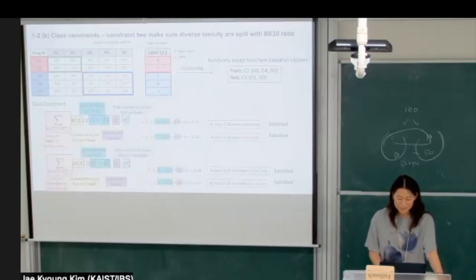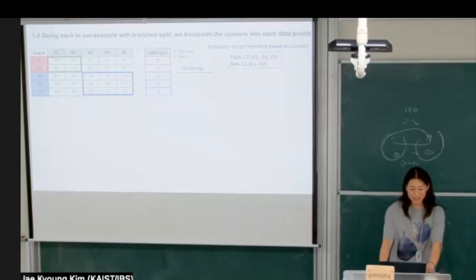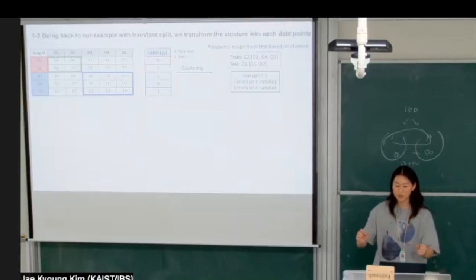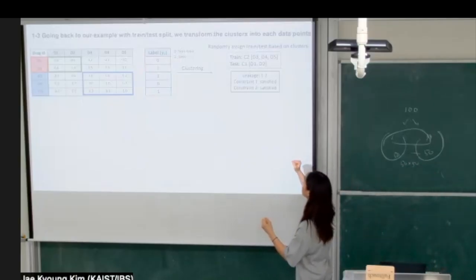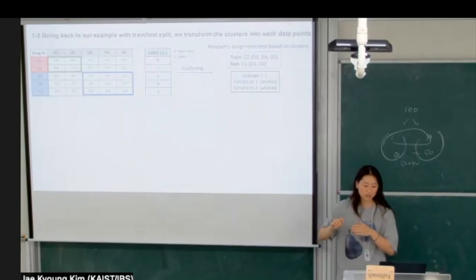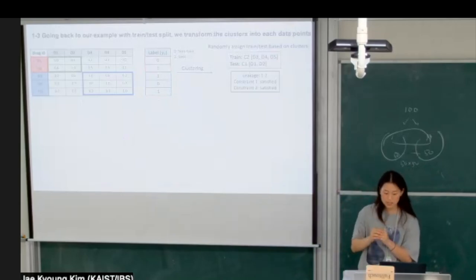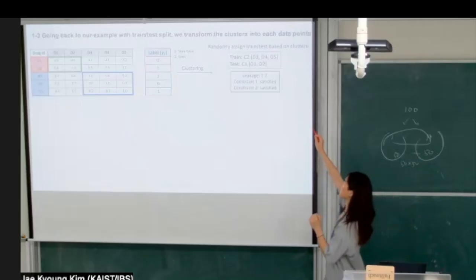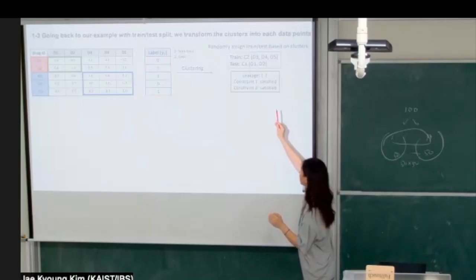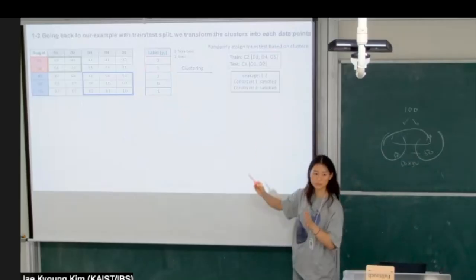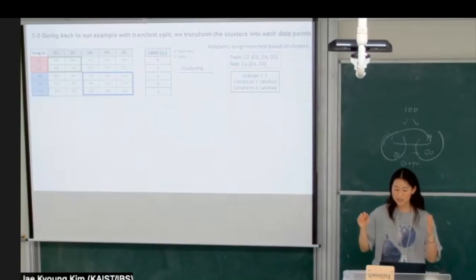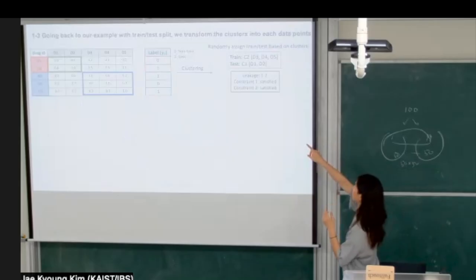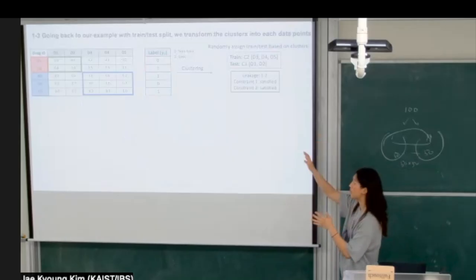So as a summary, in order to calculate the data leakage, or calculate the model performance of a train test split, we have to calculate the leakage and then satisfy constraints 1 and 2. We just did that for when train is cluster 2 and test is cluster 1.